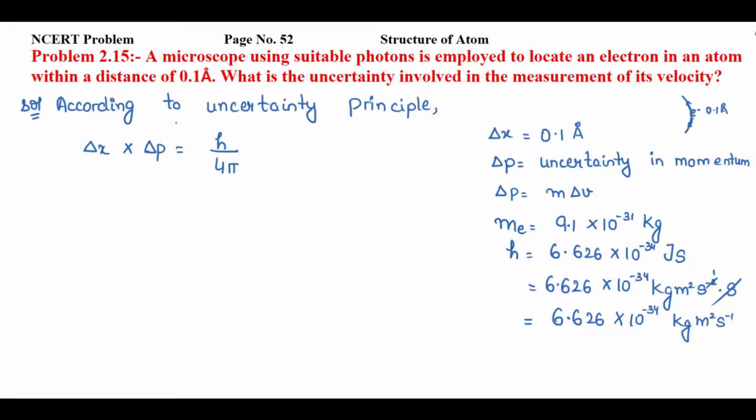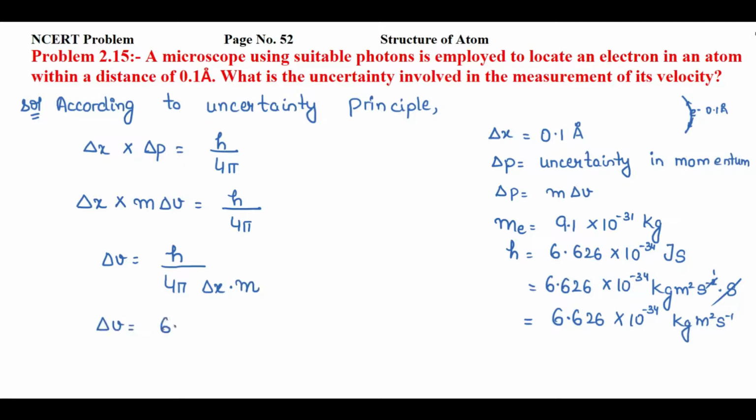So let's put the values over here. The final relation will be delta x into m delta v equal to h by 4 pi. We have to find the value of delta V. Rest terms we will take on the other side of equal to. So delta v equals h by 4 pi delta x into m, right? So let's put the values.